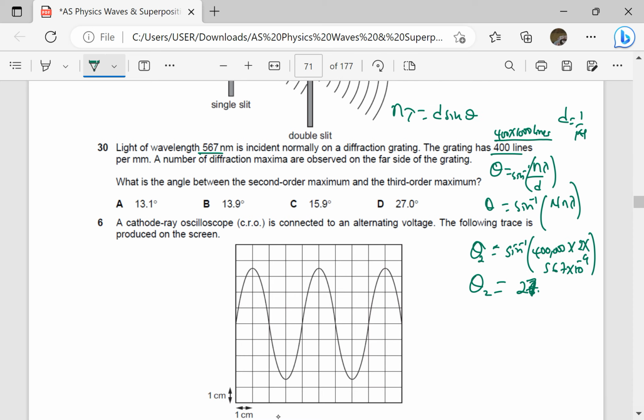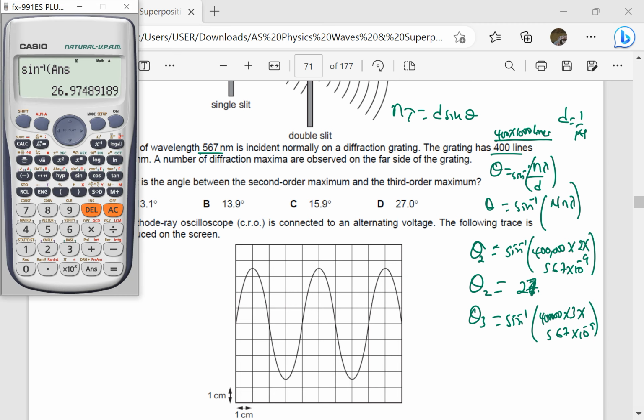Okay, then theta 3. Theta 3 will be sine inverse of 400,000 times 3 times 567 times 10 power negative 9. Sine inverse of the answer, which is 42.